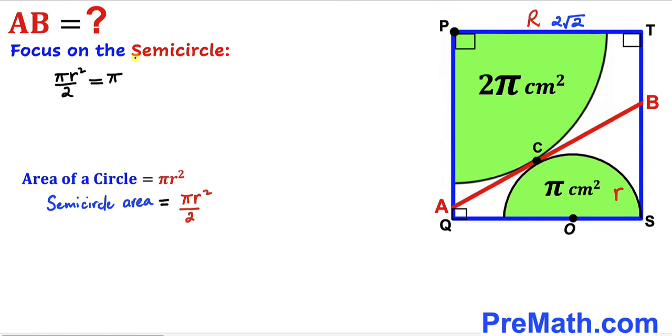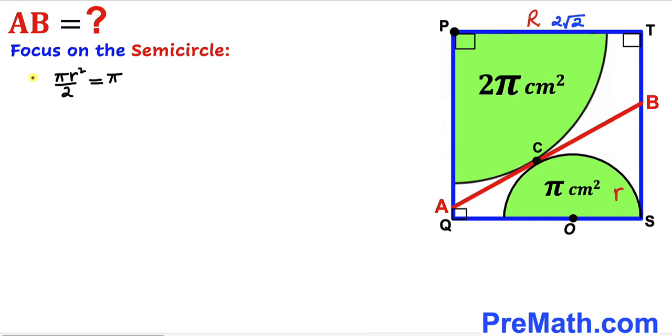to pi. And now I am going to remove this fraction by multiplying the reciprocal, which is 2 divided by pi. And likewise I'm going to multiply this side by 2 divided by pi as well. And here we can see this 2 and 2 is gone, pi and pi is gone as well. So lowercase r square turns out to be equal to 2.